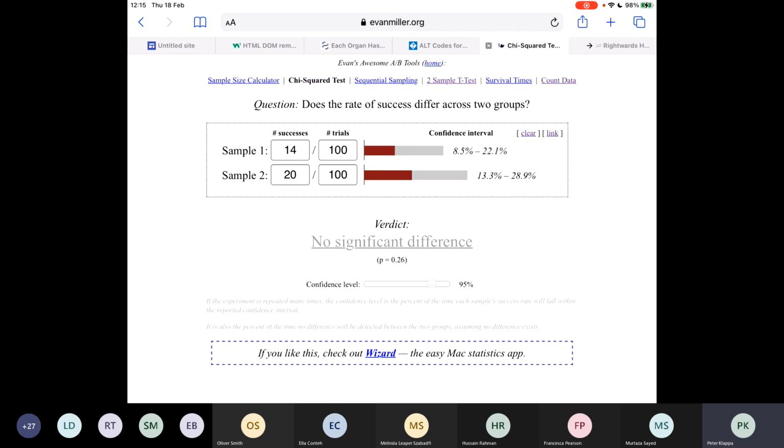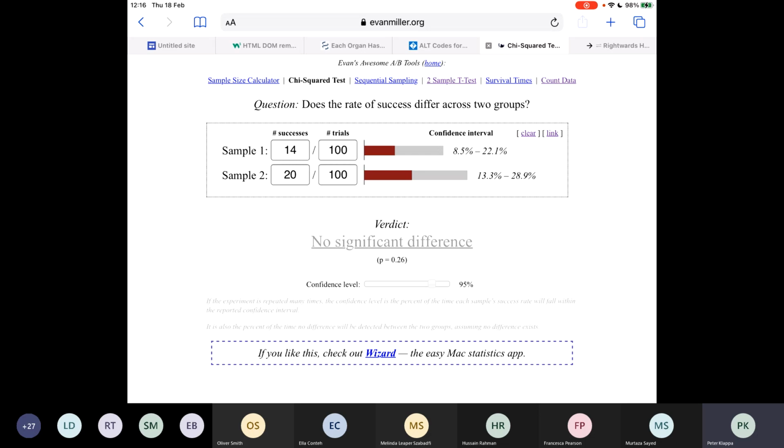Although it's technically not a chi-square test, it is realistically a binomial distribution that we are looking at. Why the guy put it under chi-squared, I have no idea, but this is where you find it. Okay? So what do we need to put in? We are only dealing with one sample here at the moment. So this is sample 1.